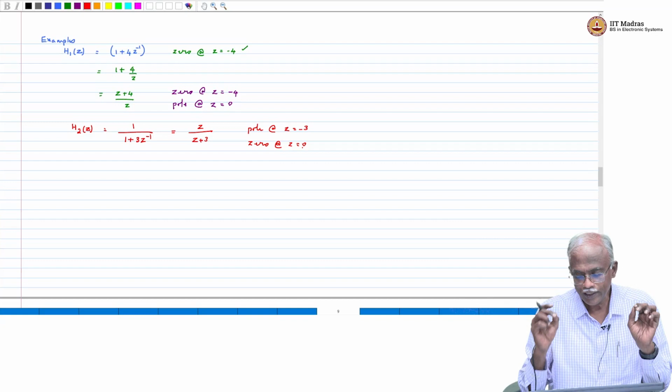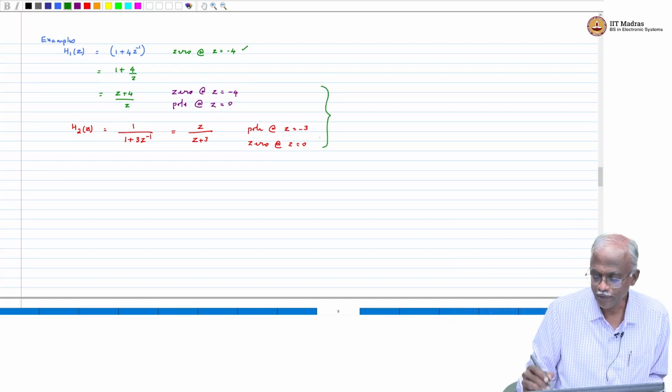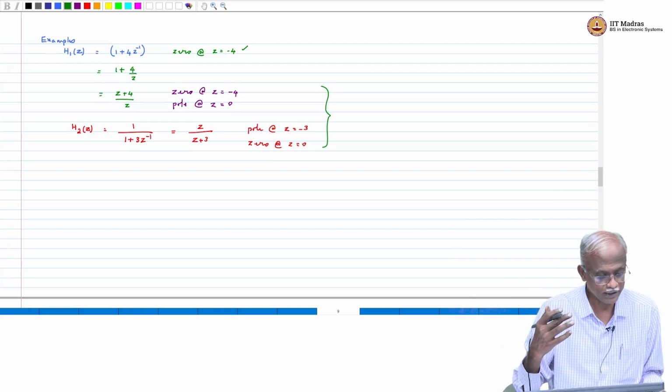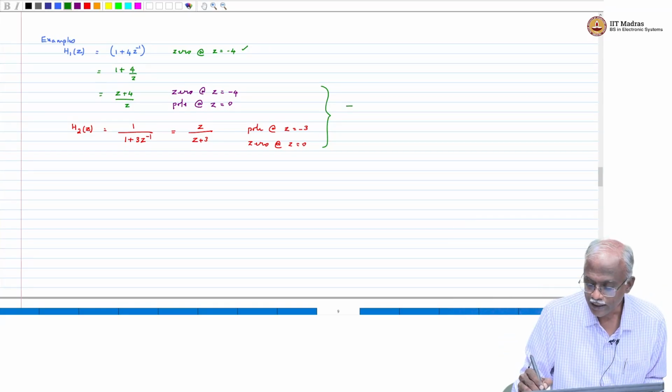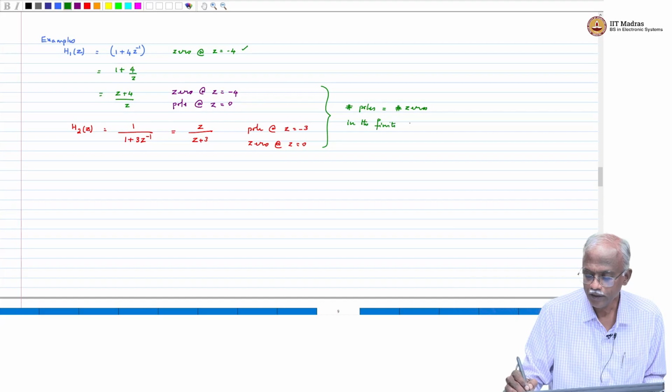So there is a very important principle that you will find: when we write down these transfer functions in the Z domain, the number of poles is equal to the number of zeros in the finite Z plane.